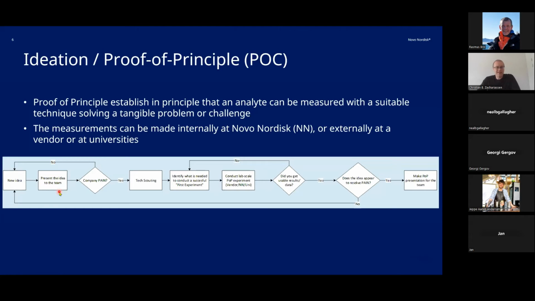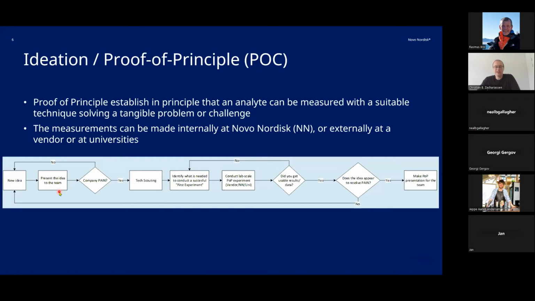So what can be a possible solution to the pain from an analytical standpoint? And then we need to scope what area the idea is in, what suitable instruments are we looking at. Are we looking to solve a problem in a QC lab, or are we looking for a problem to be solved on the process line, or are we wanting basically to do both? So establish a lab method and then push that lab method into the process.